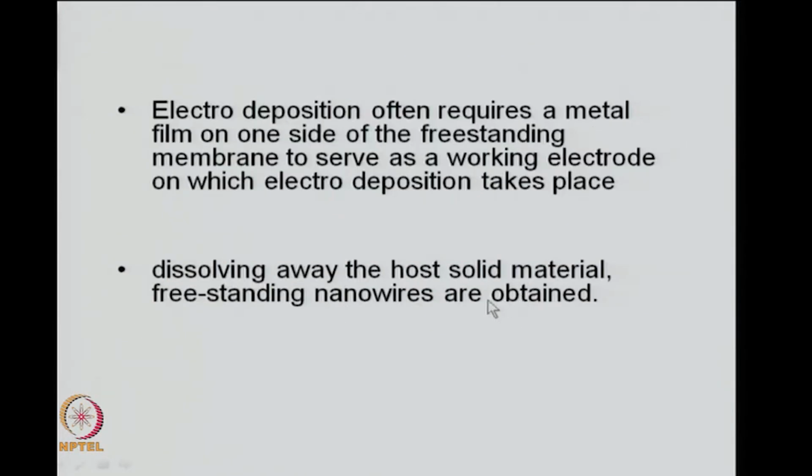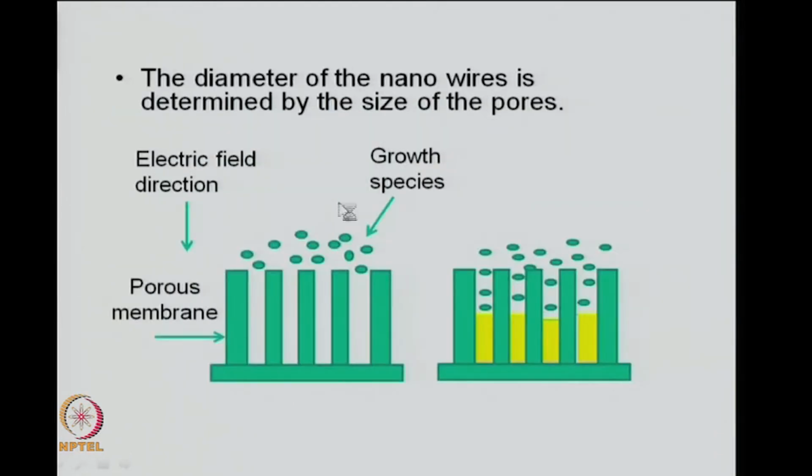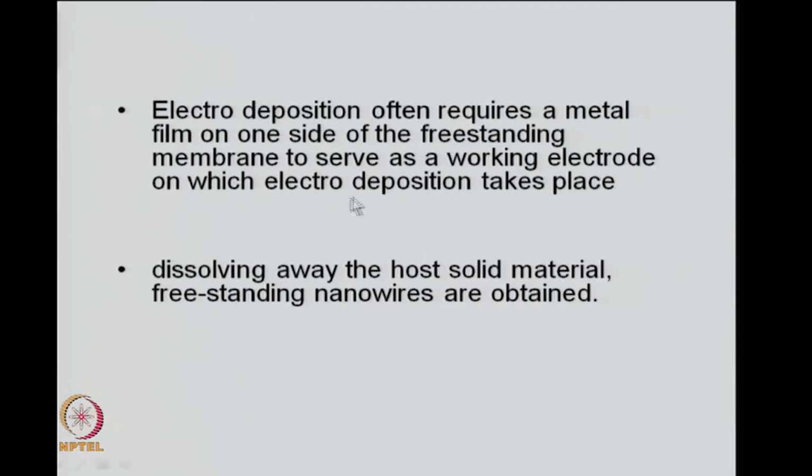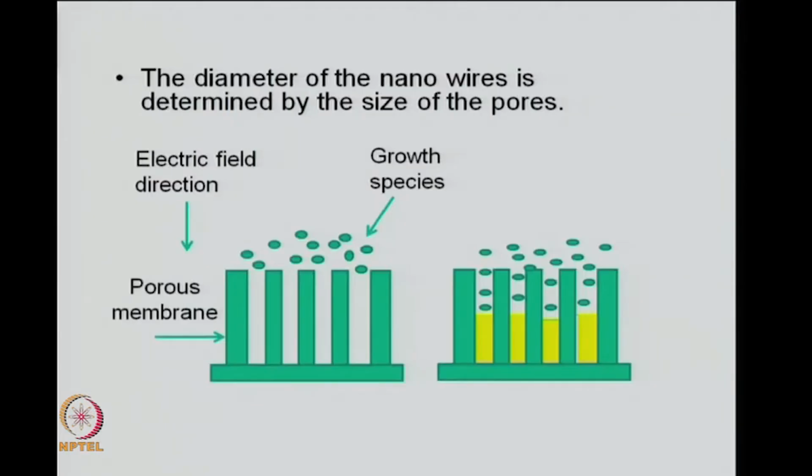It has nanopores, and under this template, where the cylindrical pores are, you have a metal electrode which acts as a working electrode, and the metal is deposited on this working electrode. Then you have to dissolve away the host material, that is the template material, to get freestanding nanowires.